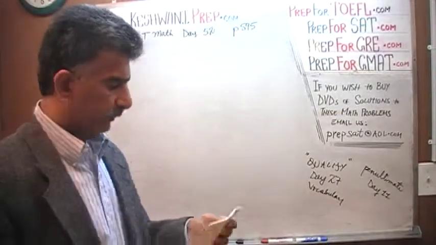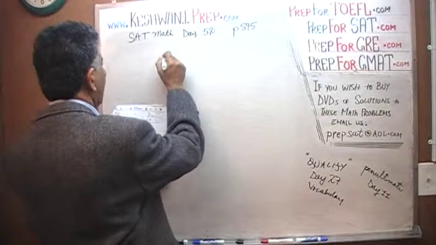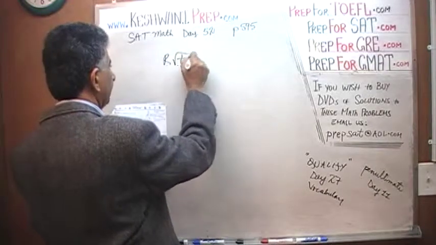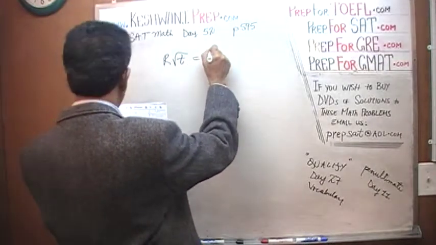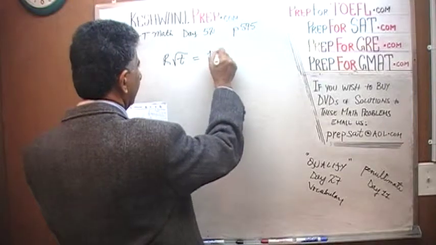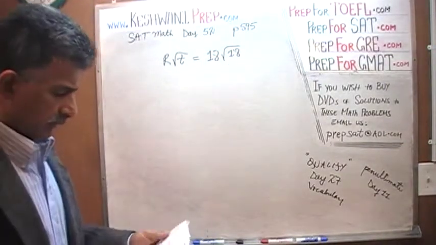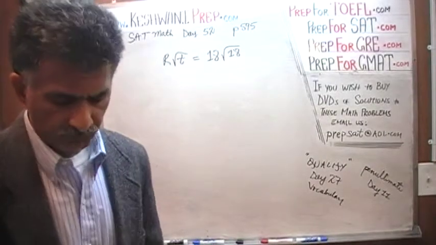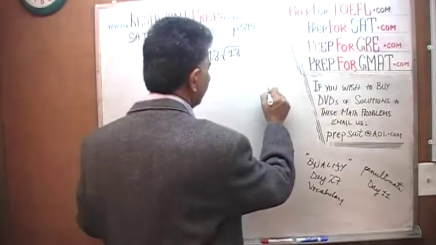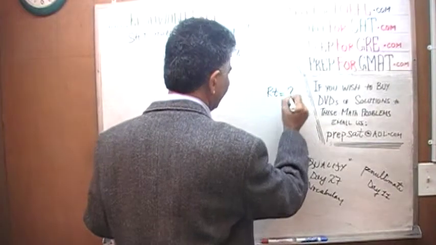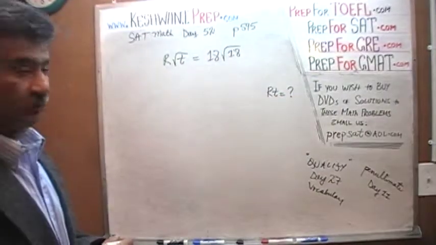Anyway, number 7. Here we are told that r times root t equals 18 times square root of 18. The question is, which of the following could be the value of r times t? Well, that's very straightforward.